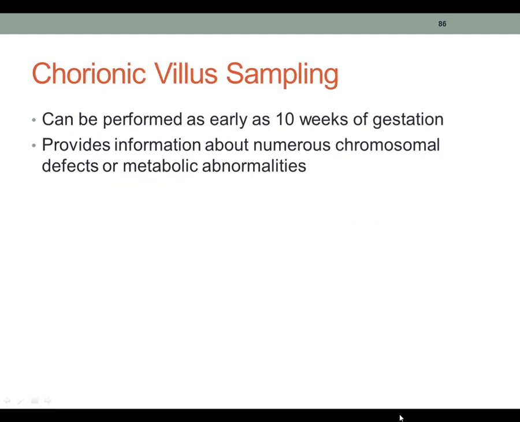Okay, the chorionic villus sampling, and remember the villi are what's on the conceptus that help it to attach to the uterine wall. It can be performed as early as 10 weeks, and it gives us information about chromosomal defects and metabolic abnormalities.